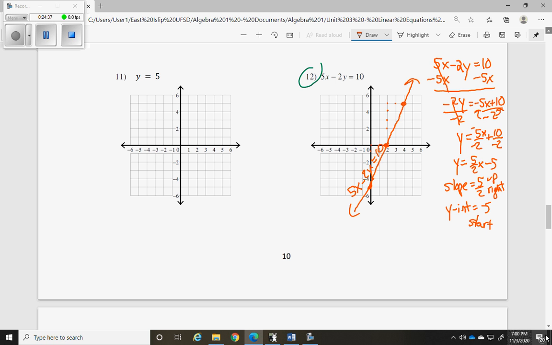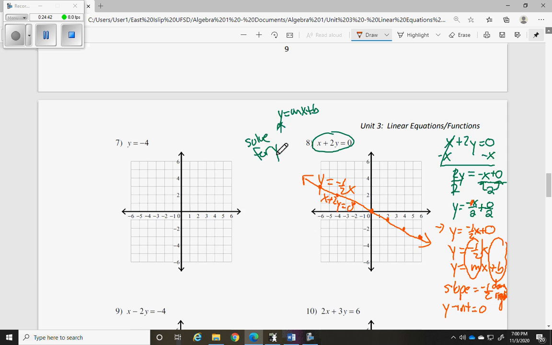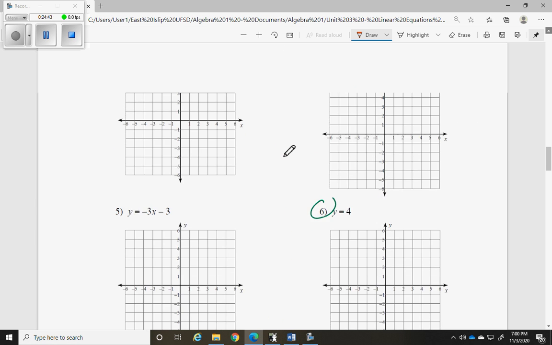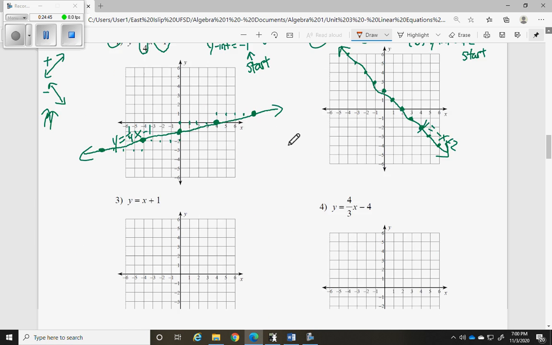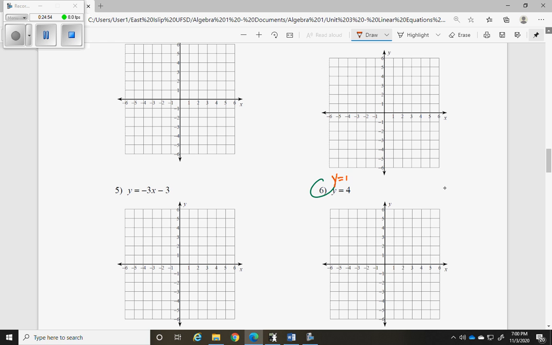And now I will go back and do that question that I skipped. Did I only skip one? I did. So this one is a little unusual because it doesn't seem to fit the equation y equals mx plus b. It's like missing this x, which means it's missing an m.